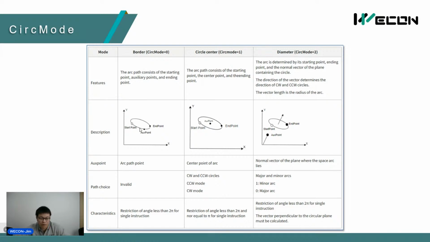So we use 3 points to define one circle curve. And in this mode, we don't need to set this path choose, and also have some limits. When you use this mode, the angle of this curve should be less than 2 pi.